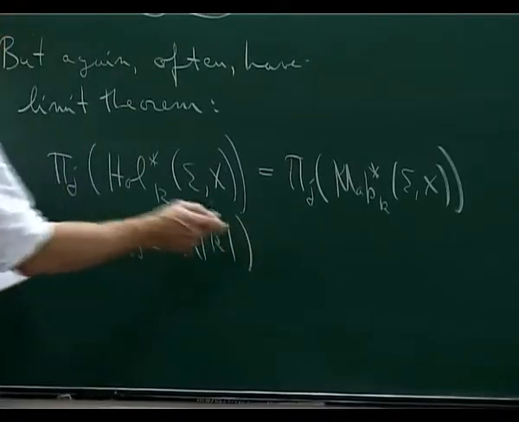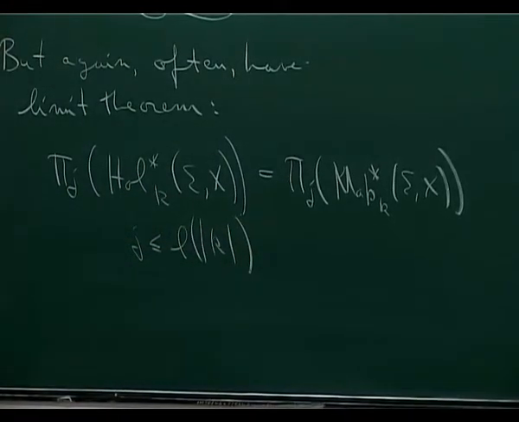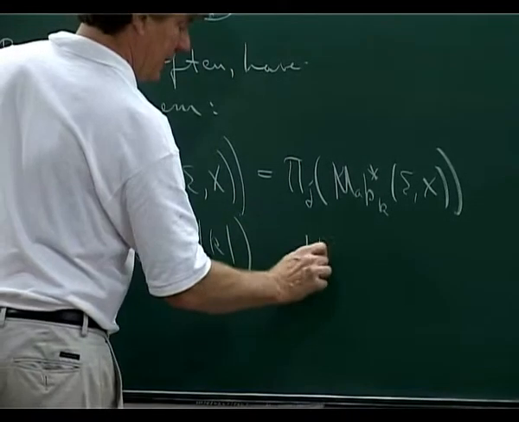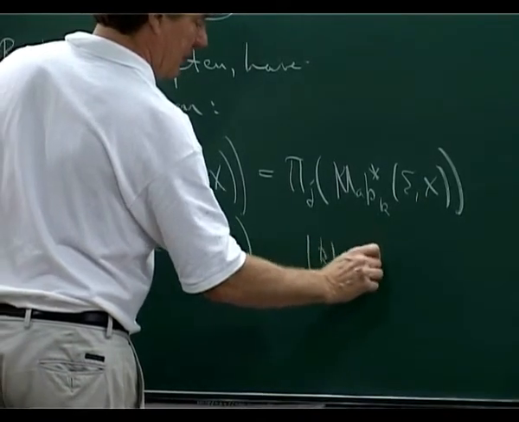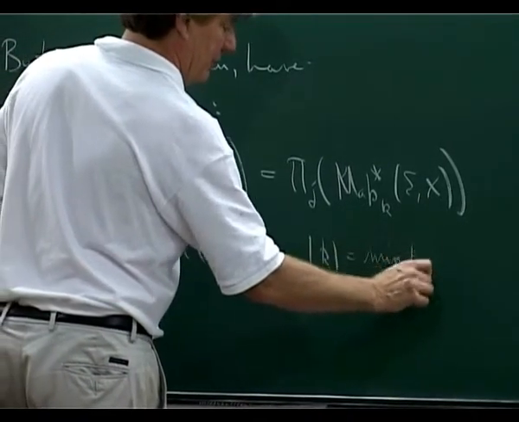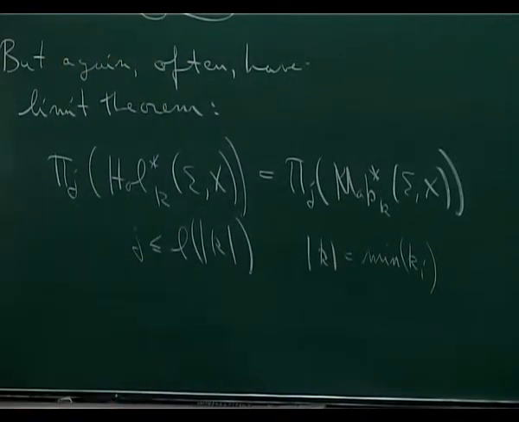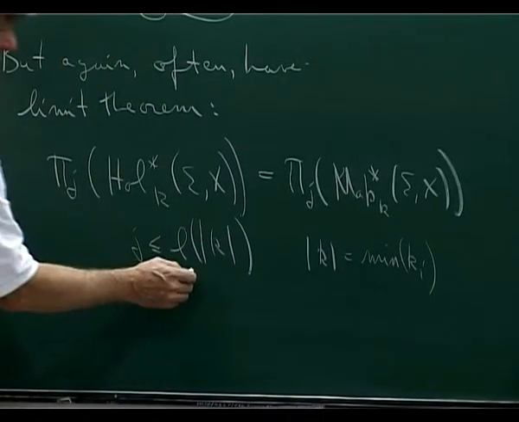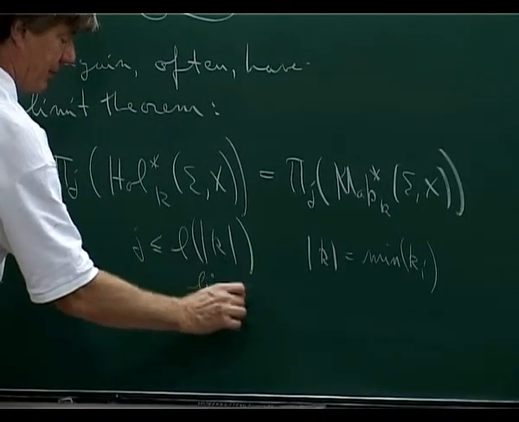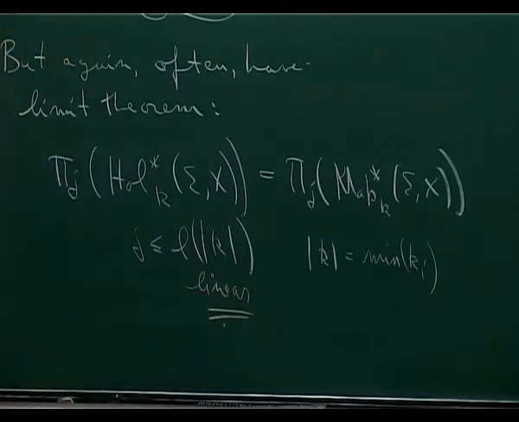Now, k here is a multi-index, so you just take k to be the minimum of the ki's, and this is some linear function. Okay, so that's the general behavior.